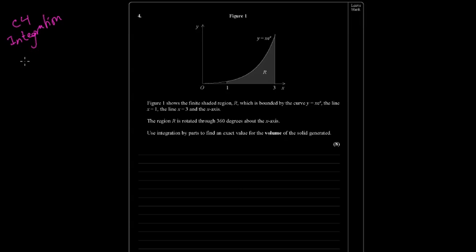The rule for volume is volume equals integration of a limit, pi y squared dx. Of course, this is a flat region. A flat region cannot have volume. A flat region has area. Area means space occupied by a flat object.